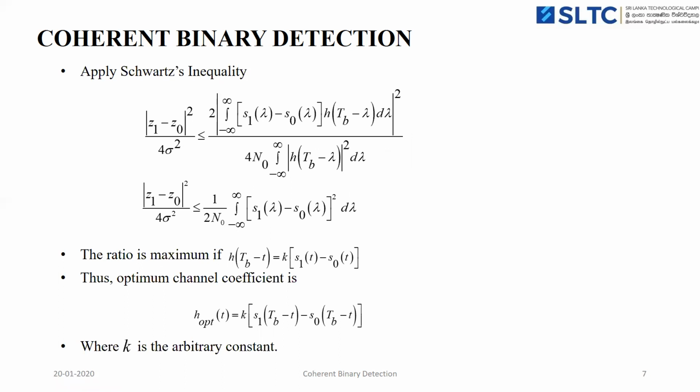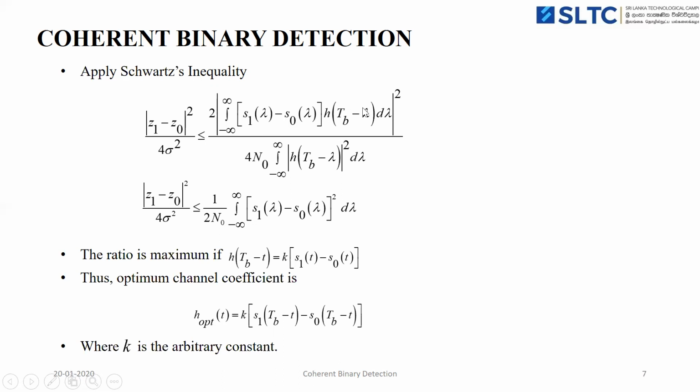In order to find the signal to noise ratio, we have to apply the Schwarz inequality. So the ratio is the modulus of h Z1 minus Z0 squared divided by 4 sigma squared. We have to substitute the Z1 minus Z0 term and sigma squared, which we also know is the variance of the noise.